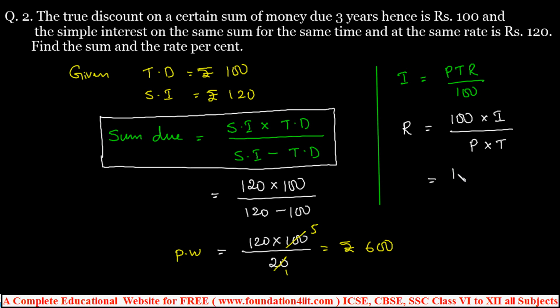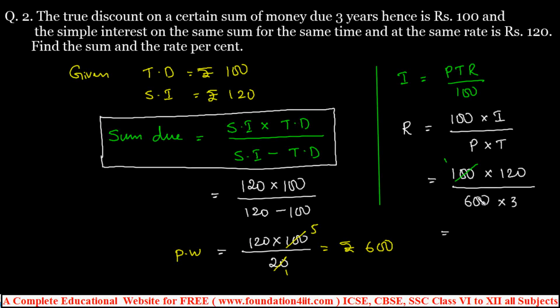And just substitute. So 100 into I, that is simple interest, 120, by P value 600 now, present worth or sum due, and time is 3 years. Yes, calculate, you will get the rate percentage.